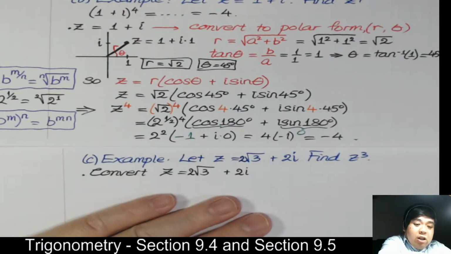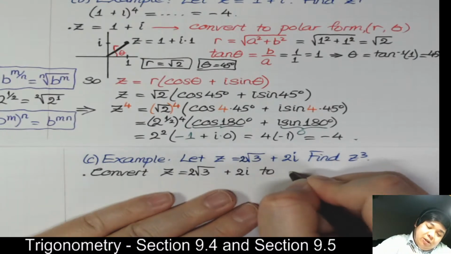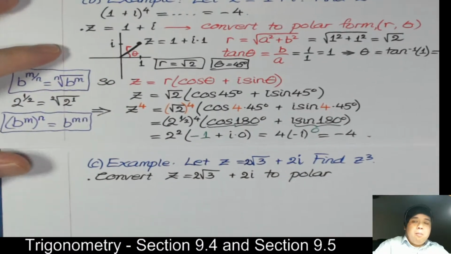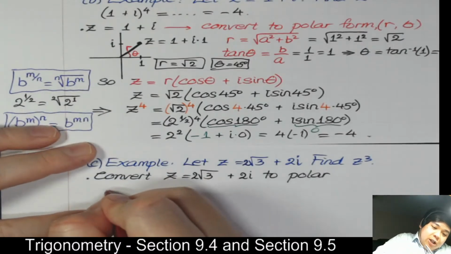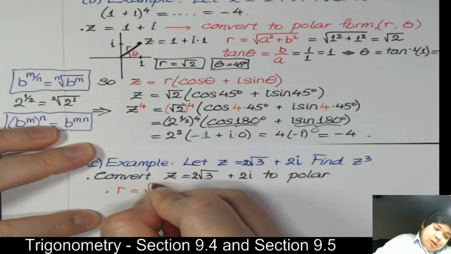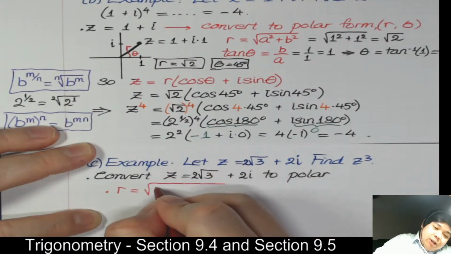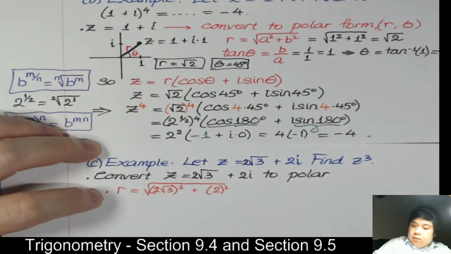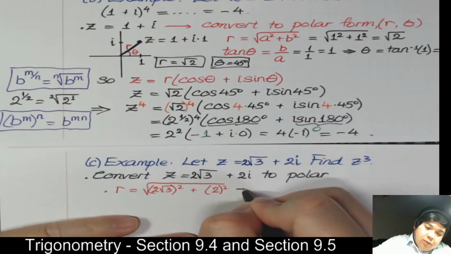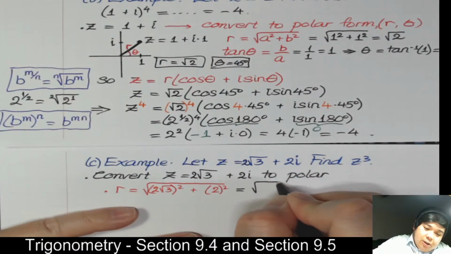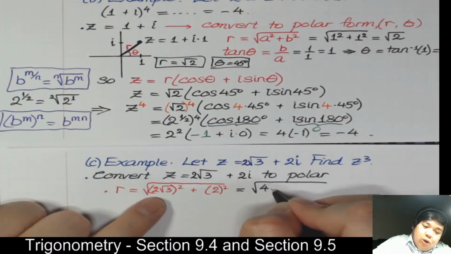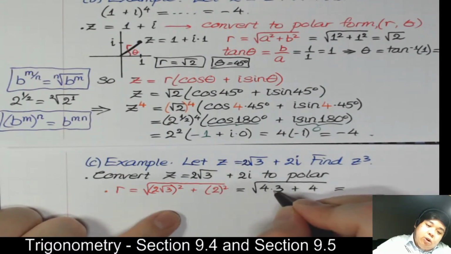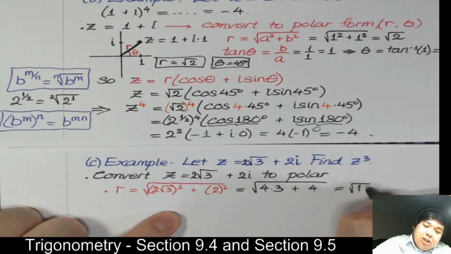Right. So first we'll convert this number to polar. Of course we can draw the same thing, but here we just use r equal to the square root of a squared plus b squared. So 2 squared is 4, square root of 3 squared is 3, and then plus 4, so this is 4, 12, 4, 16, square root of 16 is 4.